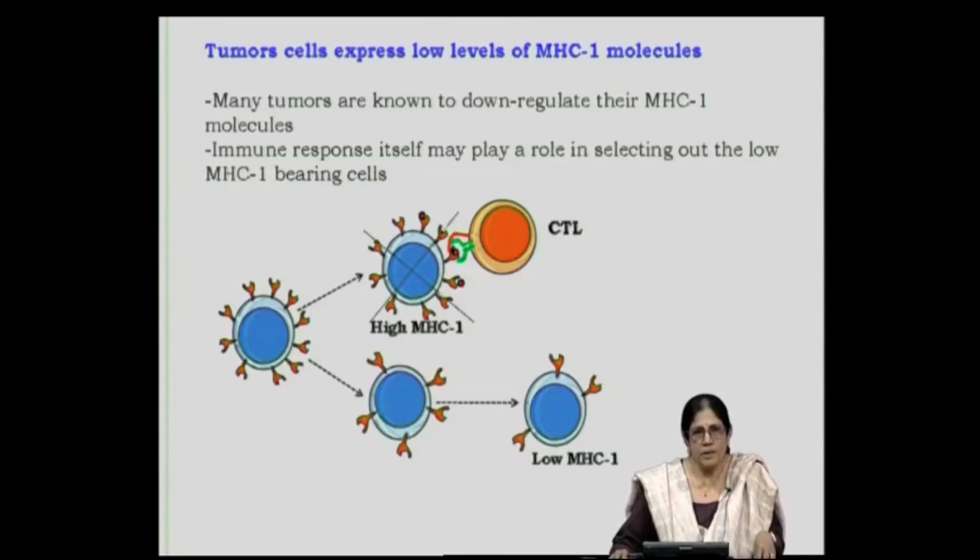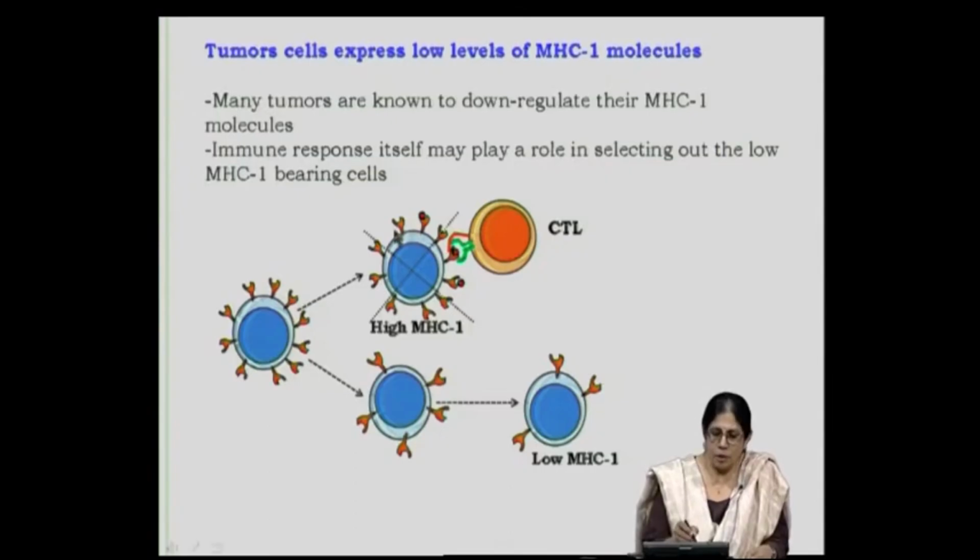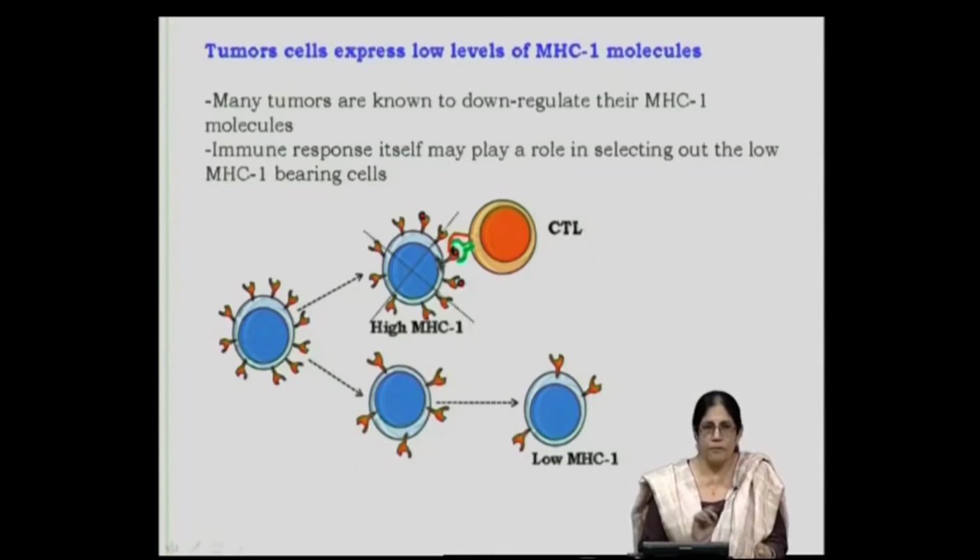All nucleated cells have MHC class 1 molecules. Now, in case of cancers, if the cancer cell has to be recognized as non-self, then there should be these cancer specific antigens which are loaded onto class 1 molecules, which can be recognized by cytotoxic T cells for them to effectively kill. So, what happens to the MHC1 molecules on tumor cells?